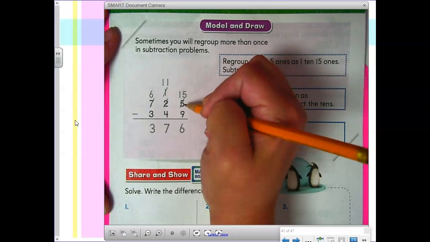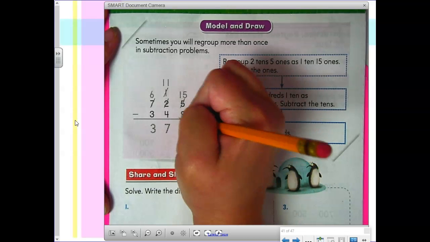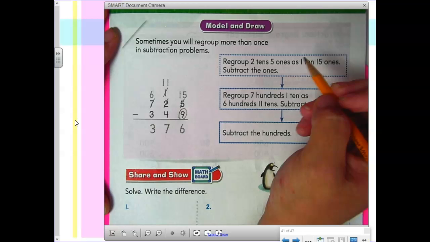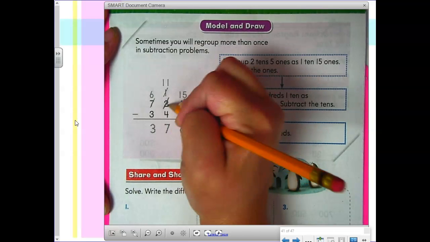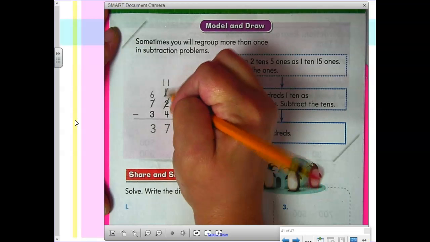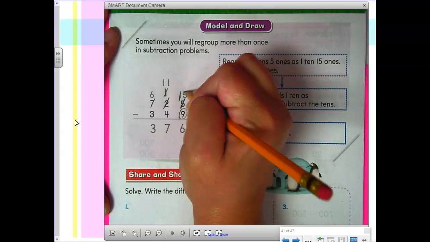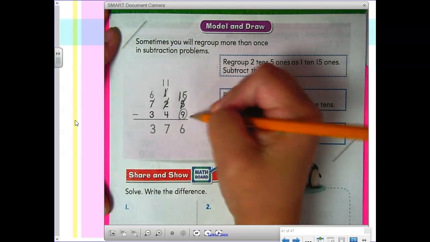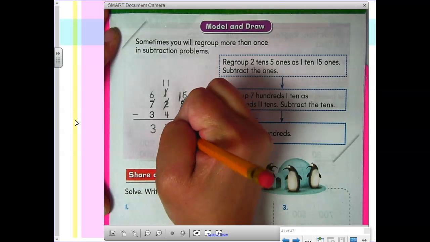So when you look, 5 minus 9, can you do it? No, we have more on the floor. So we take 1 away. We get 1. Add 10 more. It's 15. So 15 minus 9 makes 6.